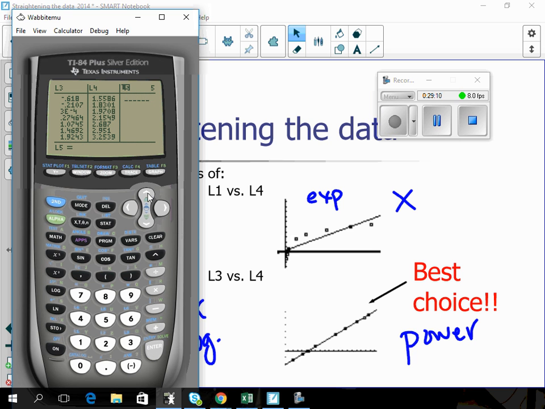So if I go to list 5 and I put the residuals here, which ones am I graphing to get a residual plot on the power data set? What's the x variable? Which column was L4? So aren't I getting L4 versus L5? We'll just really quickly get an idea of what the stat plot looks like. So the L4 versus L5.